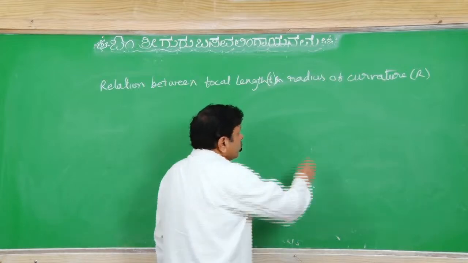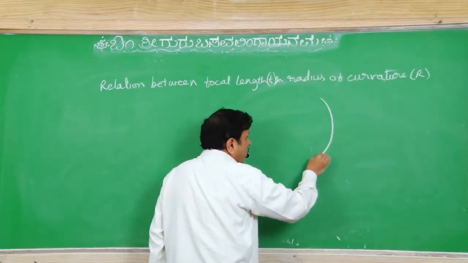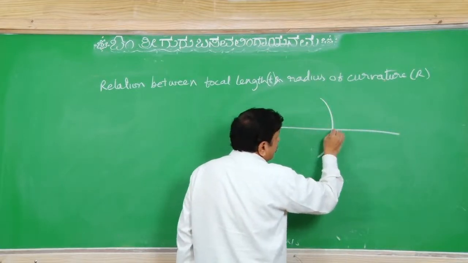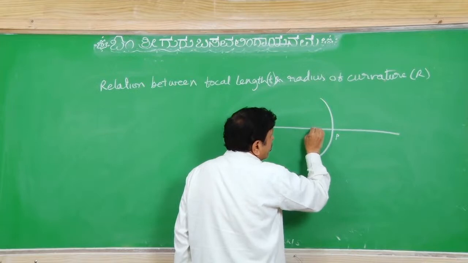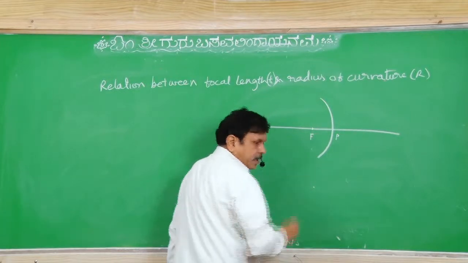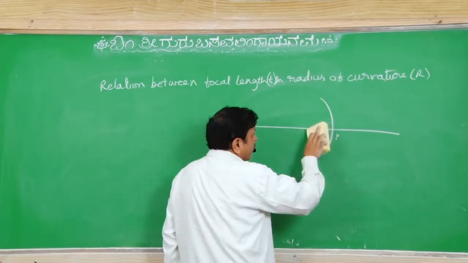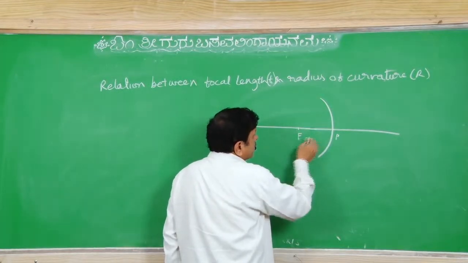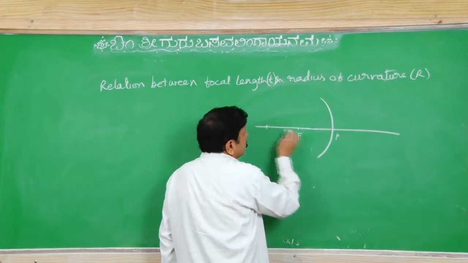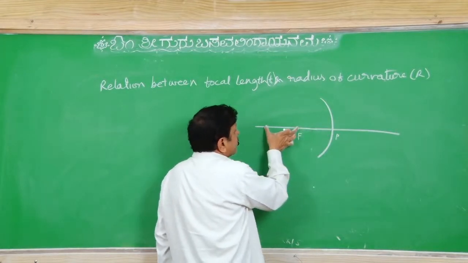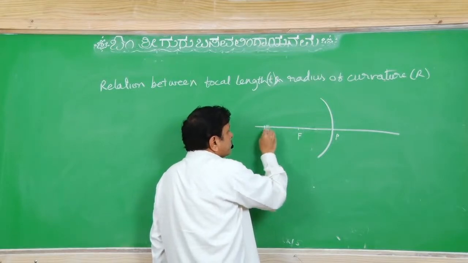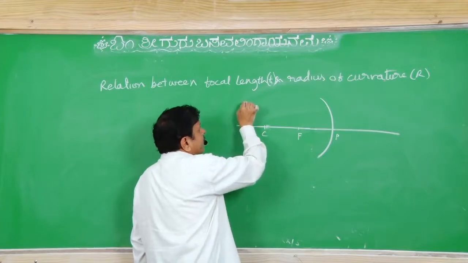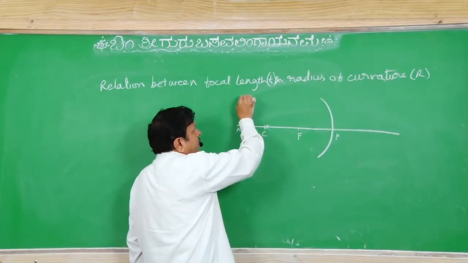Now, assume that we got one concave mirror with us, and this is say pole, this is principal focus, and this is the center of curvature. We'll take it a little away so that our diagram is clear. There is an object kept here, EB.